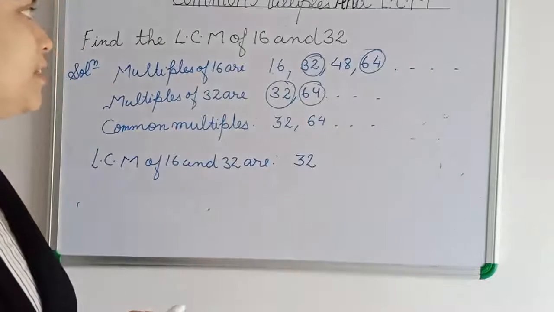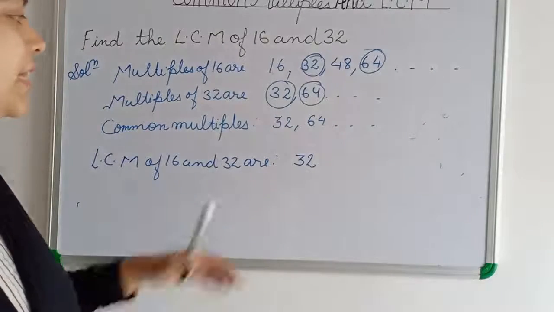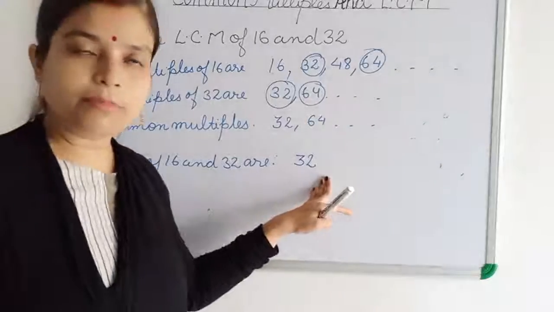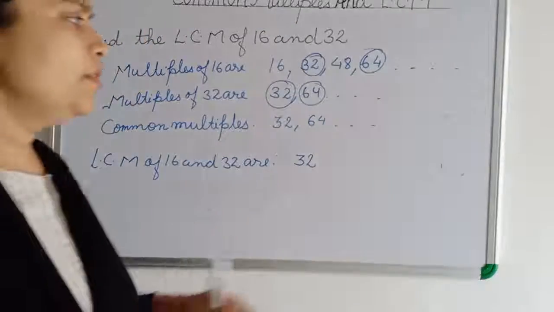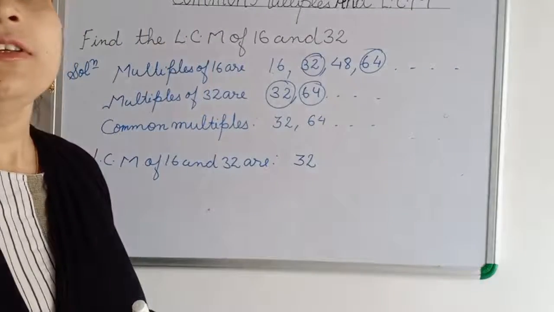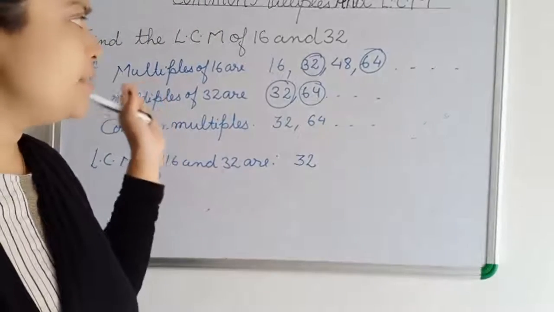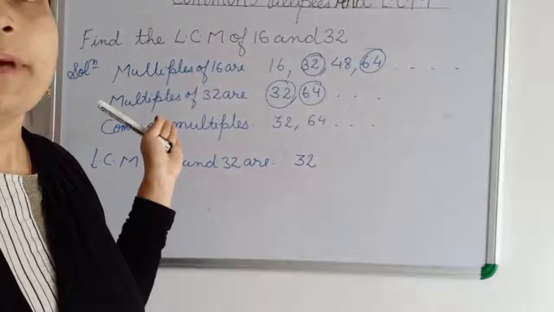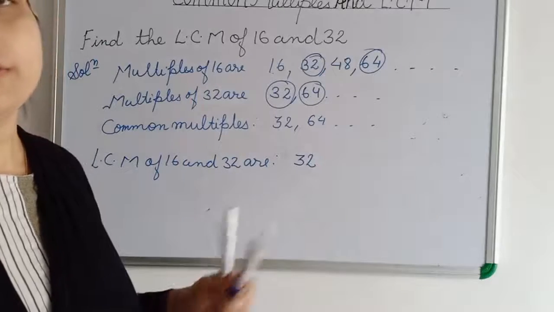Now it is said that it is divisible by both the numbers. That you can also check. Common multiples means the number which we can divide by both the numbers leaving no remainder.